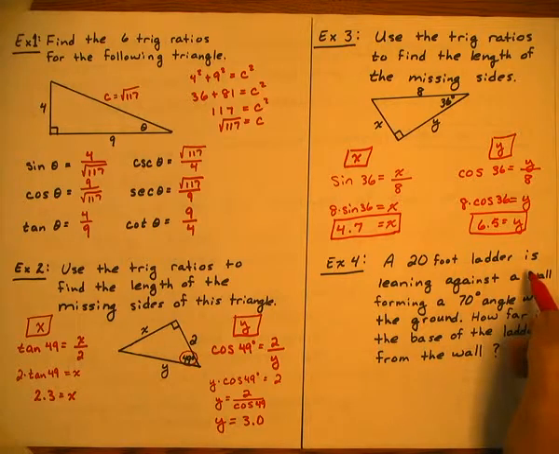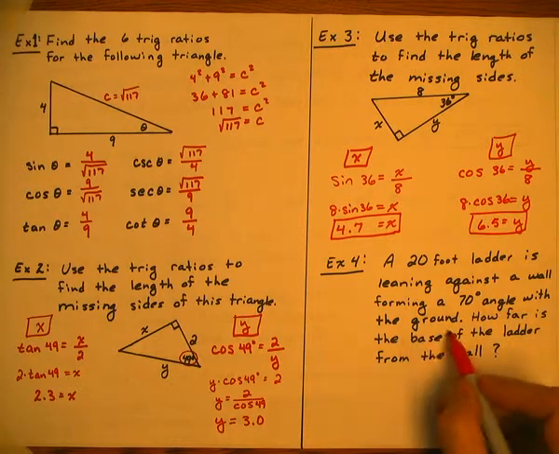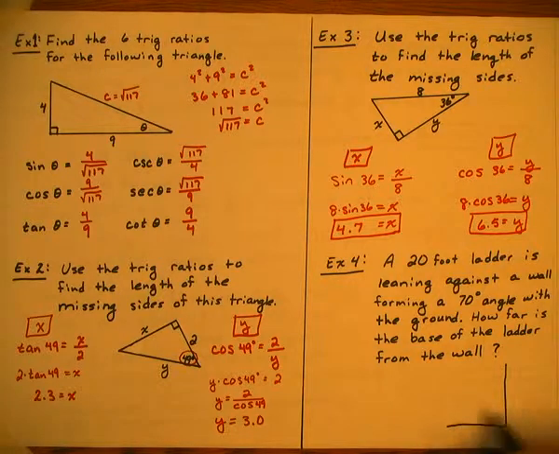Alright, and an application problem here. A 20-foot ladder is leaning against a wall, forming a 70-degree angle with the ground. How far is the base of the ladder from the wall? So let's just draw a picture representing what we are referring to here. And there's our wall.